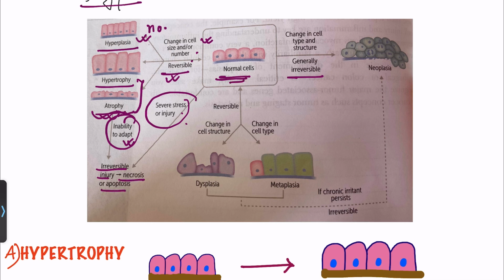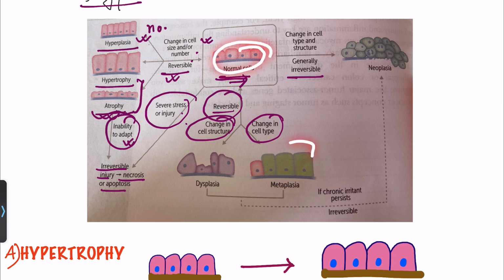The normal cells also undergo reversible changes in the form of change in cell structure or change in cell type. The change in cell structure is known as dysplasia, and change in cell type is known as metaplasia. As we compare in this picture, when the normal cells undergo metaplasia, there is change from one form to another form. Here, the normal cells are denoted by a pink cytoplasm, but whenever it undergoes metaplasia, it is changed into a green form.